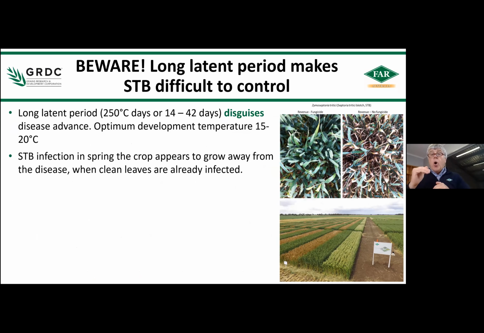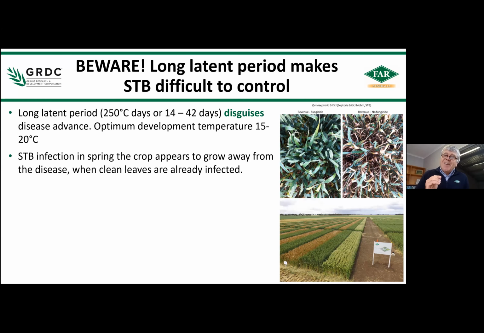So even if you've got wet weather, as the crop stem elongates, the latent phase, which we talk of in degrees C days as being 250 degrees C days, can actually mean that you can have two and a bit leaves emerging that look clean before the advance in front of the fungus is visible to you. So by the time you get to flag leaf, you may say, well, I haven't got any infection in the top leaves, the crop looks clean.